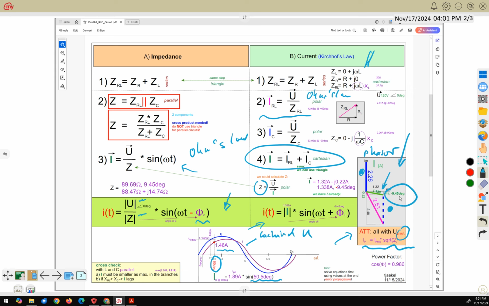The angle actually depends at the end just on the real resistance in the serial branch with the resistor and the inductor, but it's still a little bit negative. That means the current lags a little bit behind the voltage.